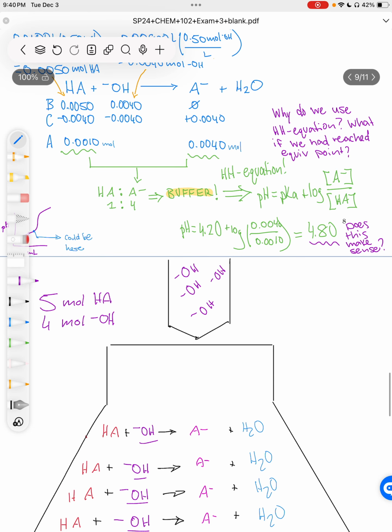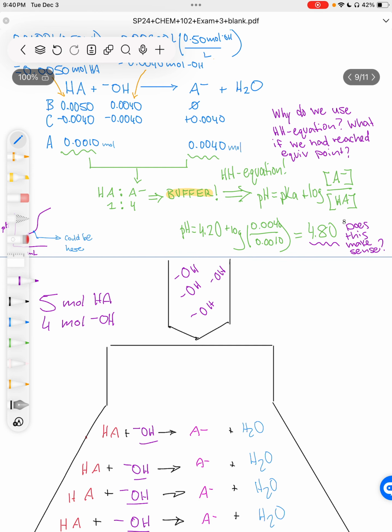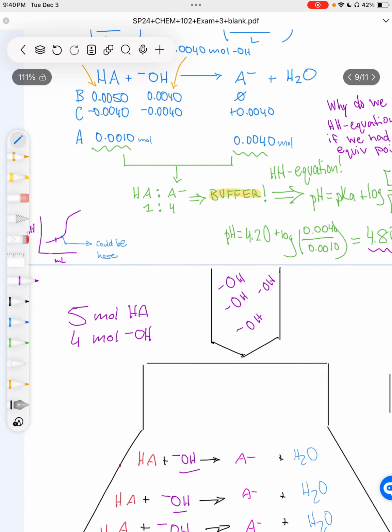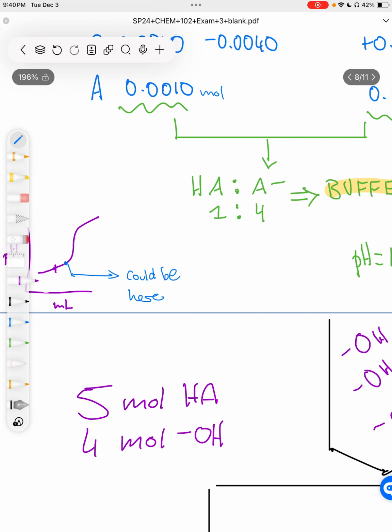So when we plug all those numbers in, we get that our pH is equal to 4.8. And then I always like to ask students, does this answer make sense? So the reason it does make sense is because at our midpoint, remember, our pH is equal to our pKa, which is 4.2. And that would be like over here, right?